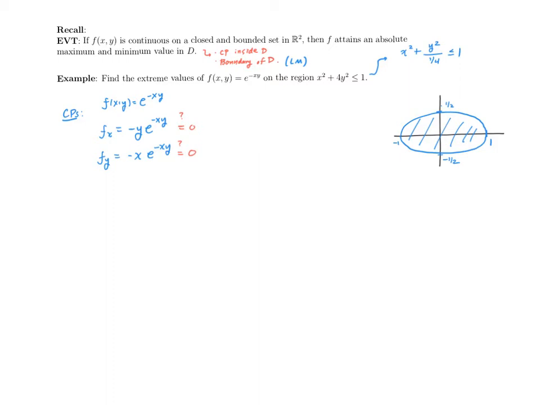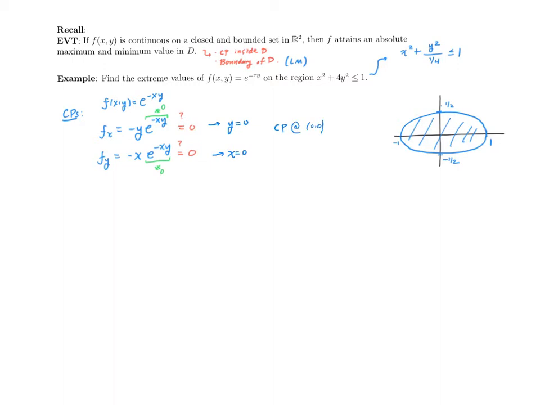This is much simpler than it might appear, because exponentials such as e to the minus xy are never equal to 0. So the only way these partials can be 0 is when y equals 0 for the partial with respect to x, and x equals 0 for the partial with respect to y. So we have a single critical point at 0, 0.